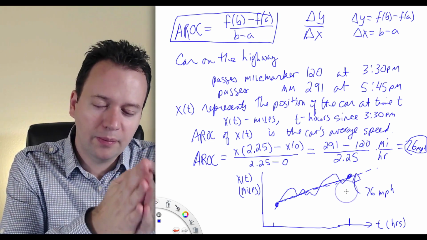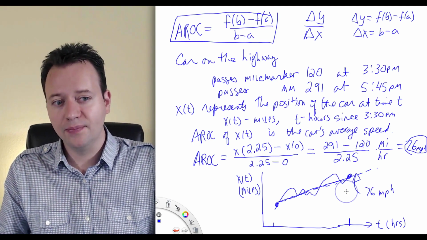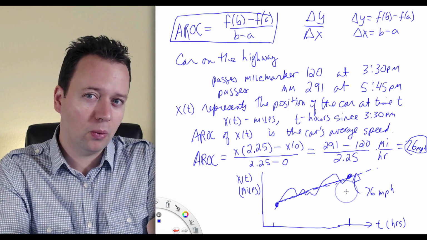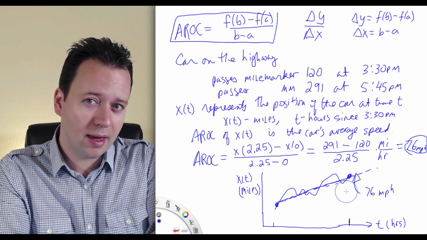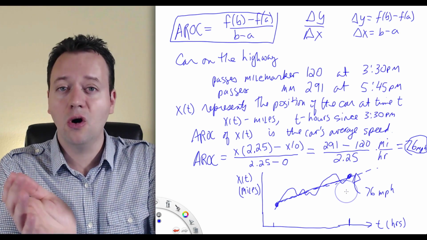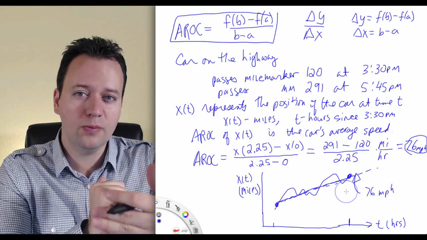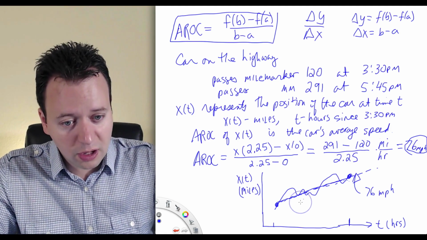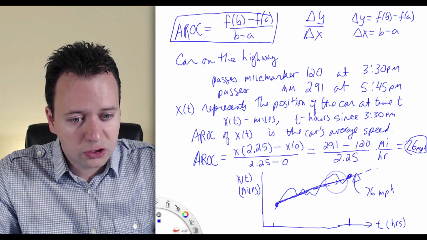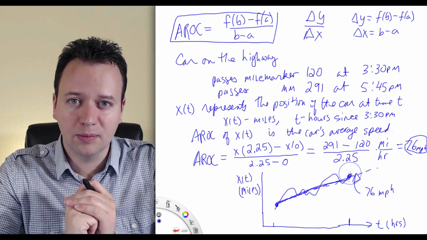And that line literally represents, if you were to drive at a constant rate and still be at mile marker 120 at 3:30 p.m. and still be at mile marker 291 at 5:45 p.m., what would your trip look like? What would your trajectory be? Where would you be as a function of time? You would be along a straight line that's changing at a constant rate. The constant rate is 76 miles per hour.